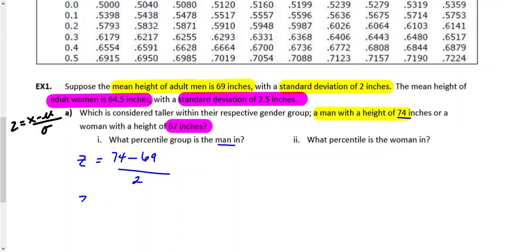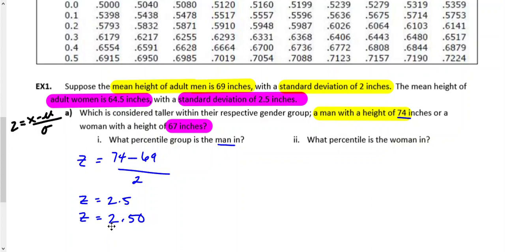So I have a z-score of 2.5. Now it's easier to look up our z-score on our chart when we have 3 numbers. So I'm going to say that my z-score is really 2.50.